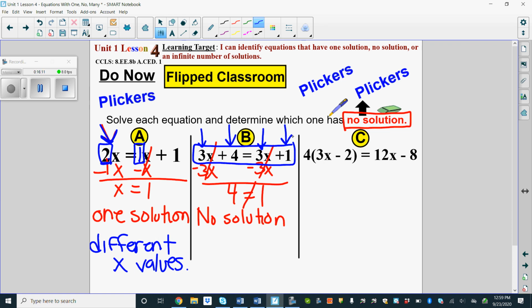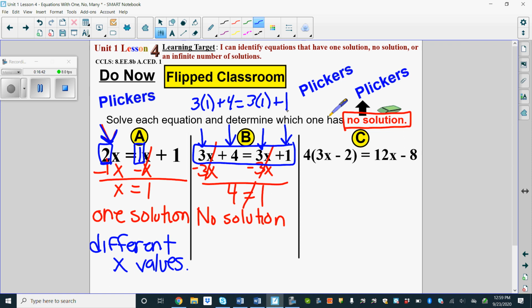So if they want you to just identify it from looking at an equation without doing any work, you should say to yourself, okay, I see they have the same 3x, but this is adding 4 and this is adding 1. So if you logically think about it, if I substitute in a number like 1 in for x, but then add 4 to that, and then on the other side do 3 times that same number 1, but only add 1 to it, can they ever be equal?